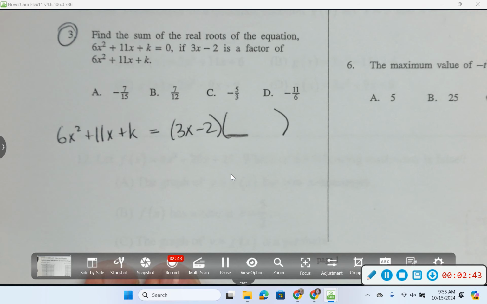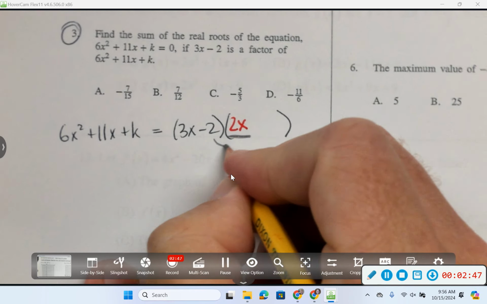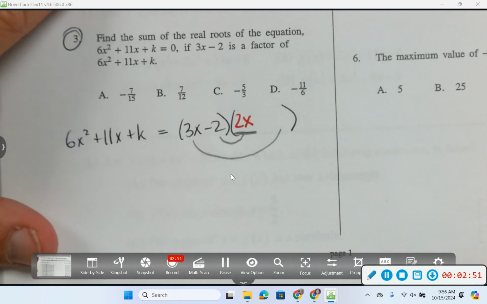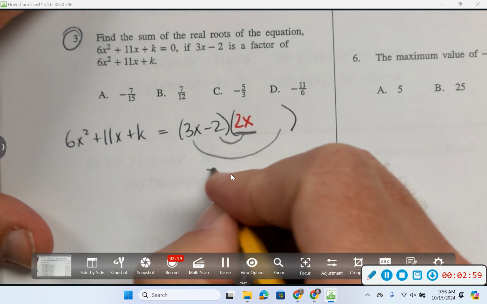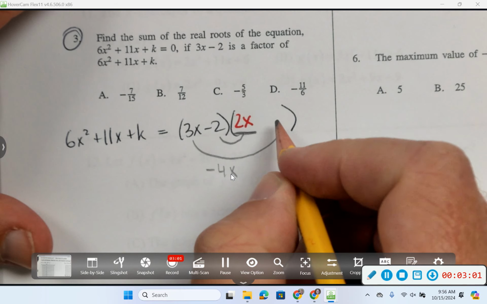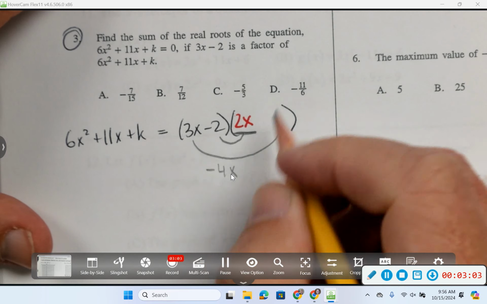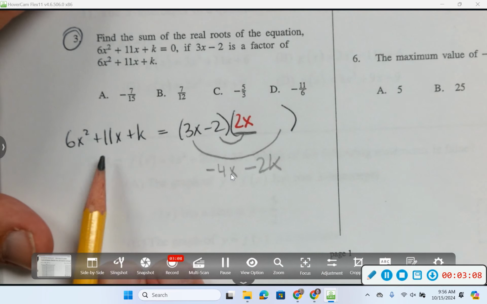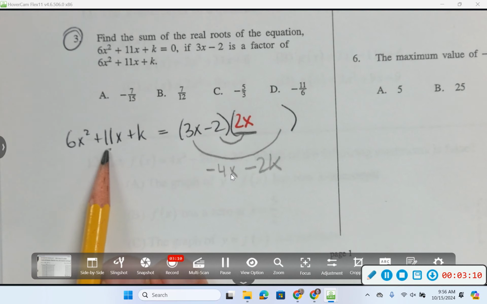Maybe not. What's got to go here? That's got to be 2x for sure. And then now, I don't know what k is, but let's see. So that's -4x minus 2k, I guess, is supposed to get me to 11x minus 4x.